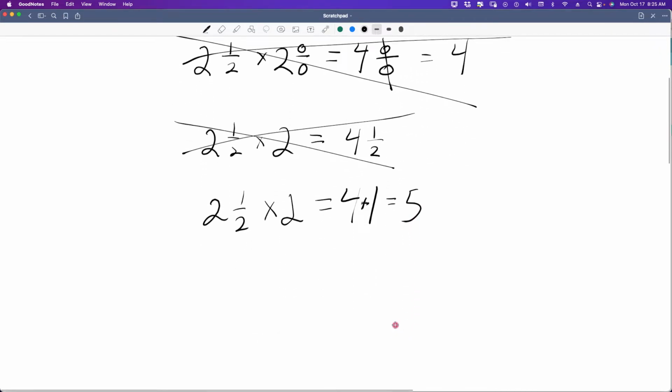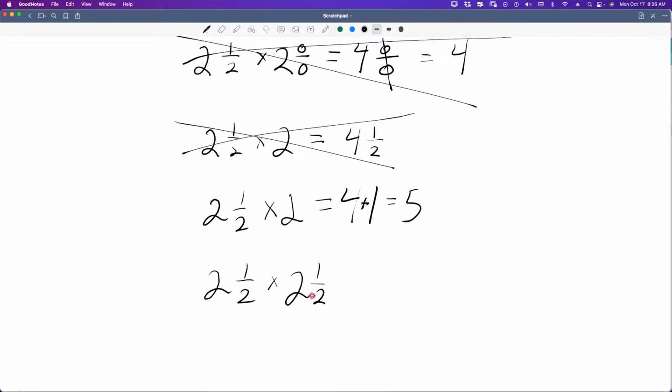But what if you have 2 1/2 times 2 1/2? How do you multiply 2 1/2 times 2 and 2 1/2 times 1/2? It's fine when it's just another whole number because you can actually see that 4 plus 1.